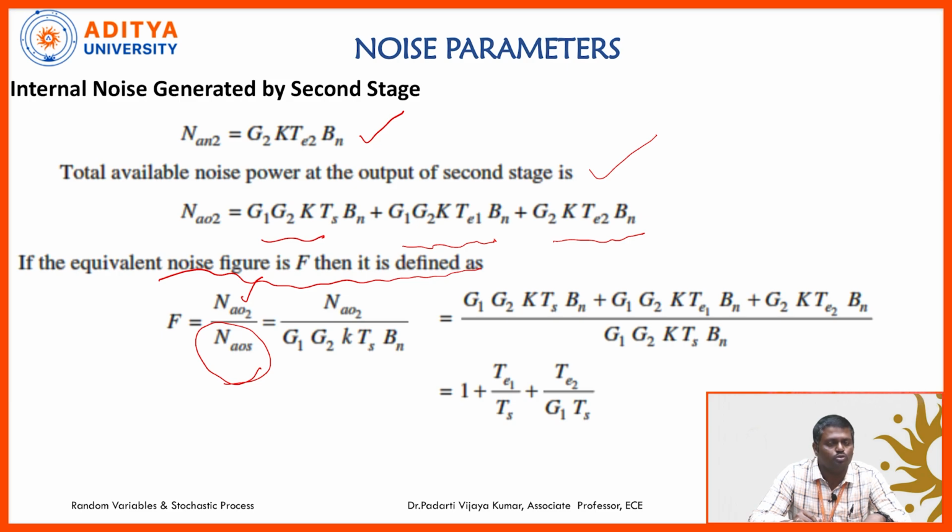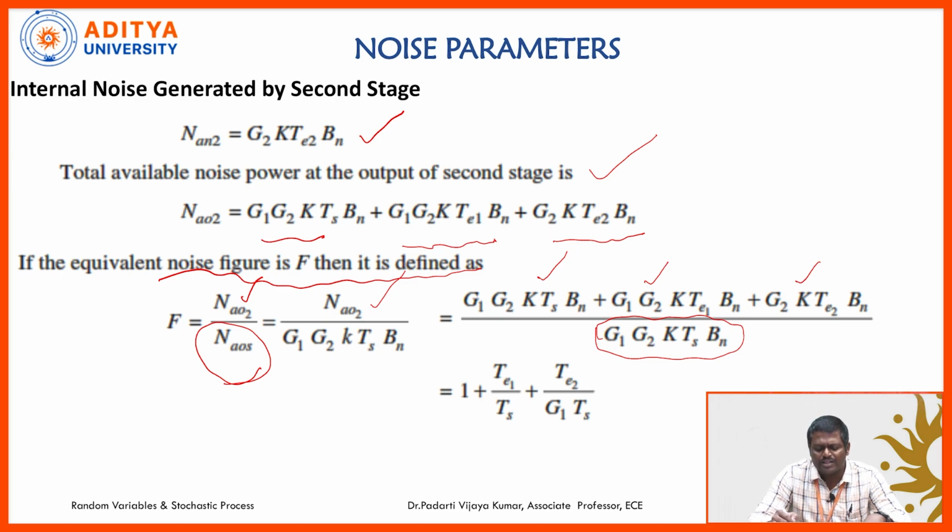Noisy network means two stages I need to consider. So in the two stages the noise is source noise and first network amplified noise and second network standalone noise, and this is the total noise at the source when there is a noiseless two port network.